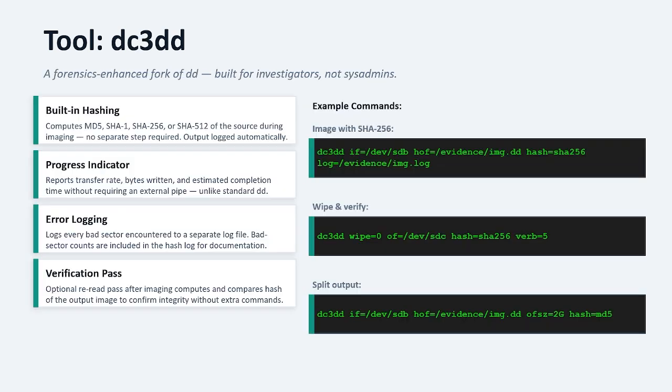On the flip side is a command dc3dd. This is a newer fork of dd that some developers, they took dd, they took the source code, and then they added in a lot of stuff to do forensics imaging. So there's built-in hashing. There's ways to wipe devices.